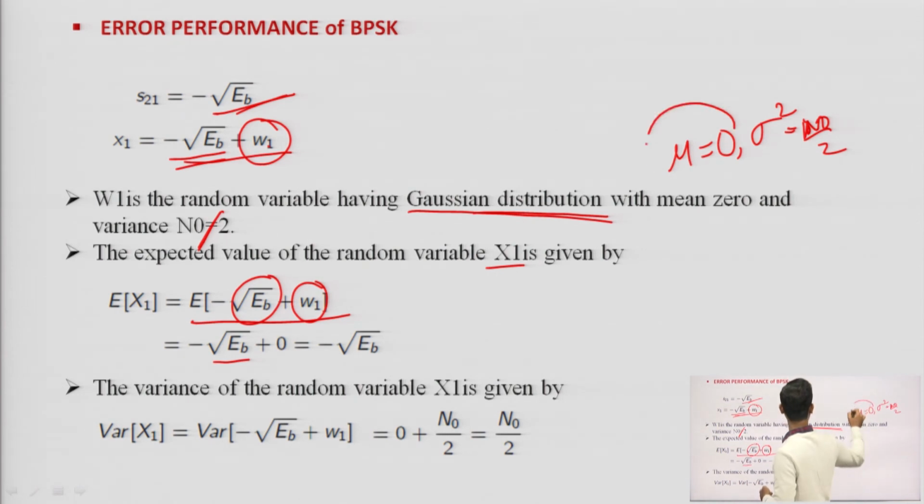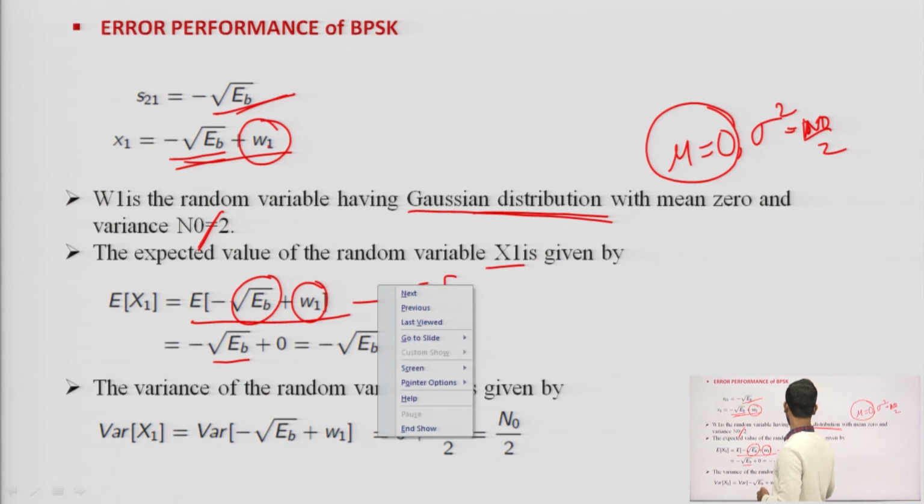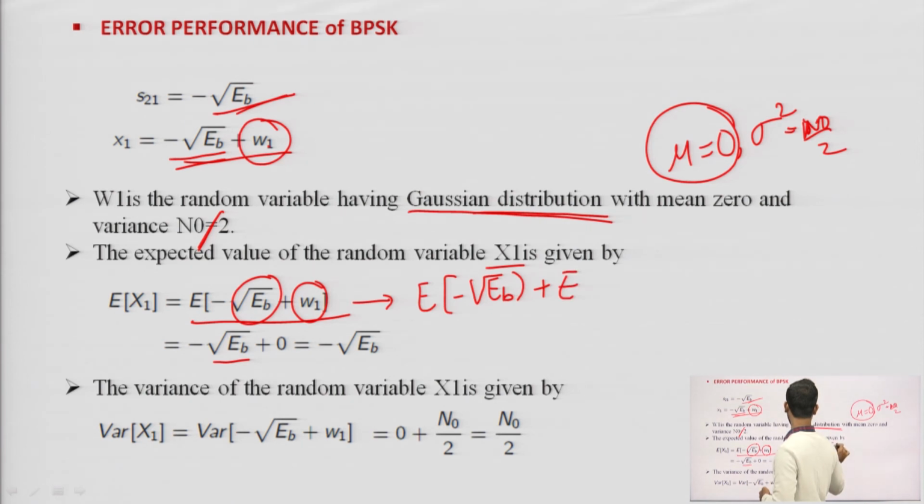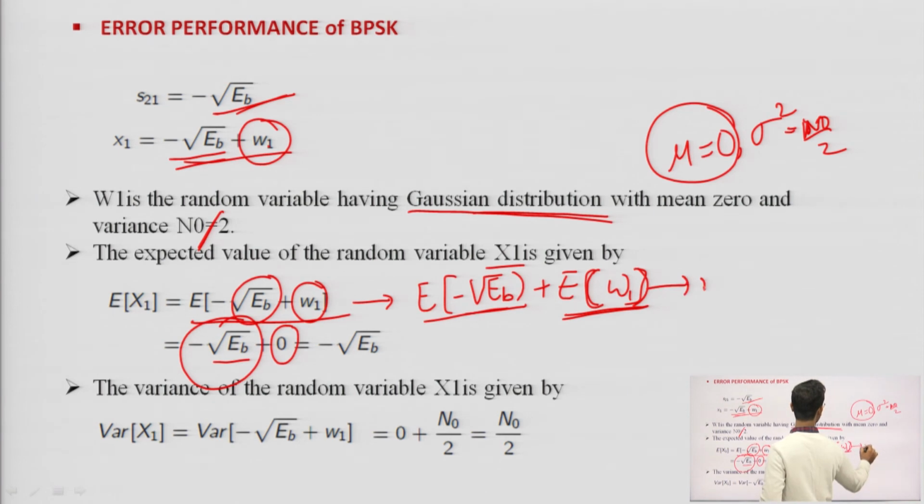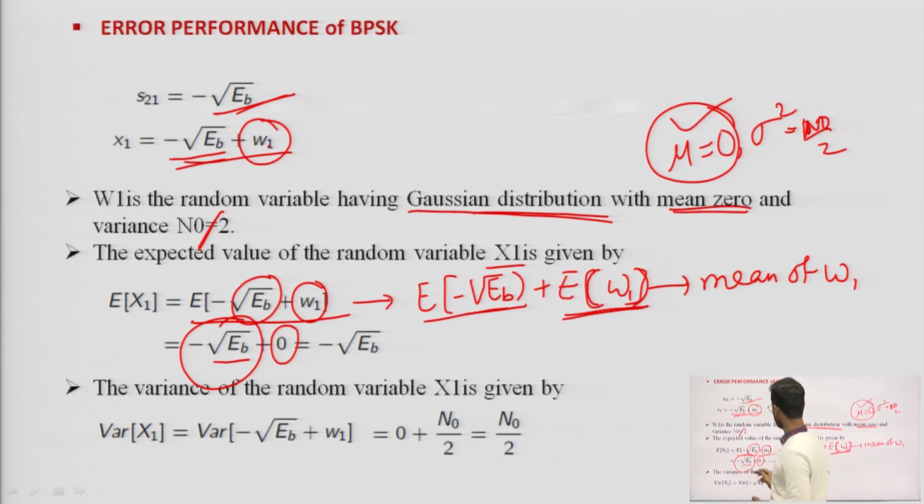W1 is the noise, so we need its mean. The expected value of W1 is nothing but the mean of W1, which is 0. So minus root Eb plus 0 is minus root Eb.